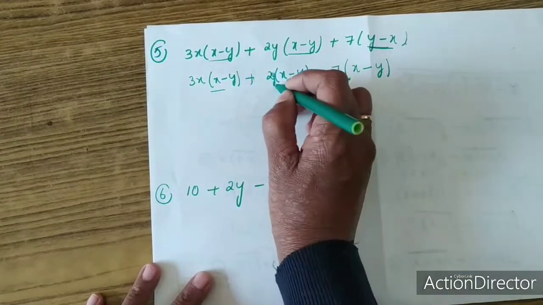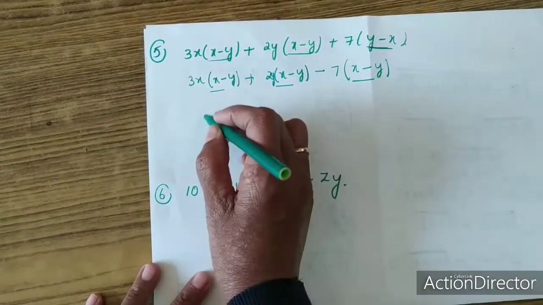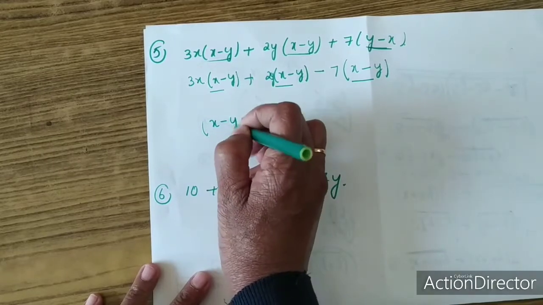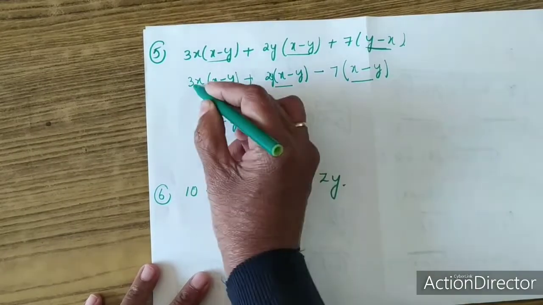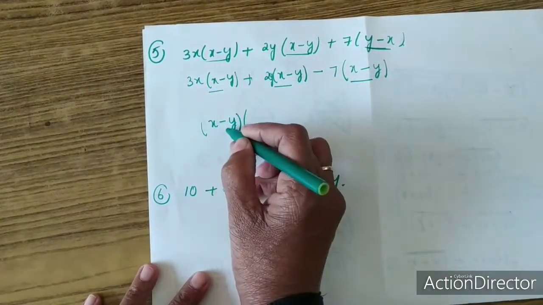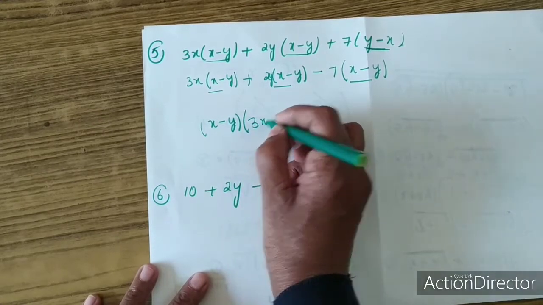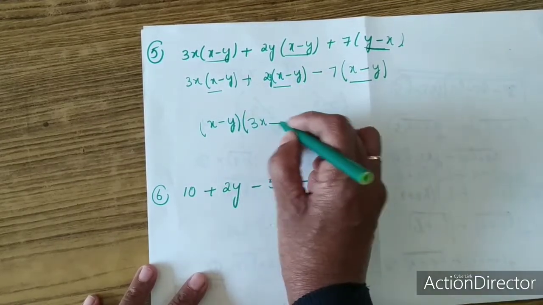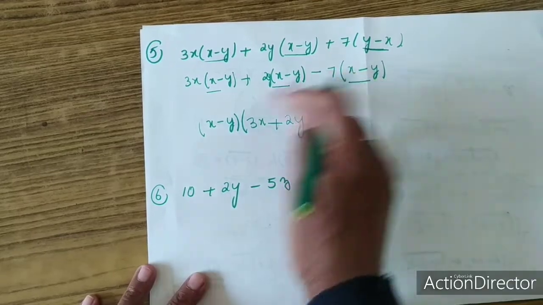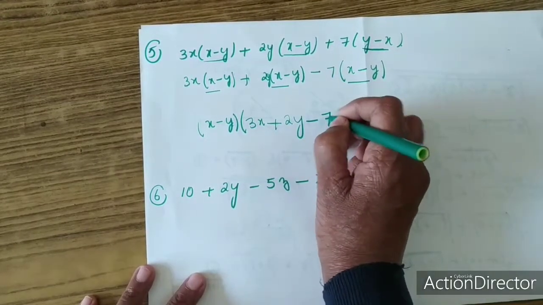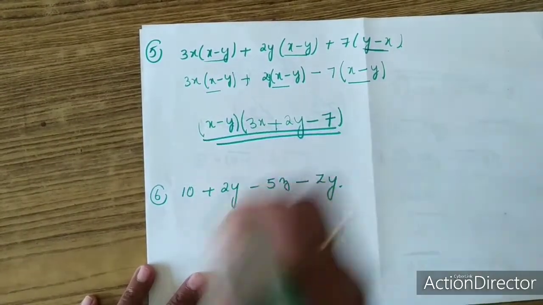Now you are having x minus y and x minus y. So the HCF x minus y in the first bracket. In the second bracket, the first term divided by HCF will be 3x, the second term divided by HCF will be 2y, and the third term divided by HCF will be minus 7. So this is my answer.